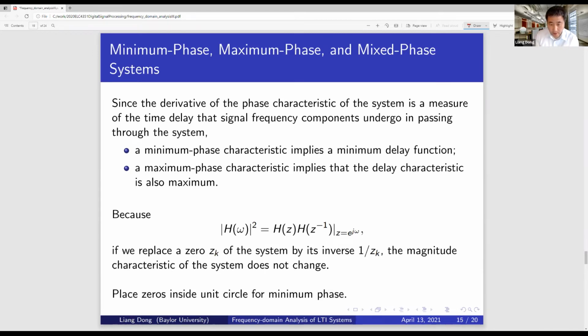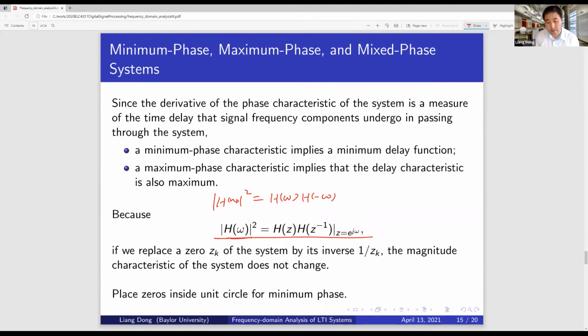Because we have that, now I always want you to remember that, right? This is the spectrum. We can write this as H(omega) times H(negative omega). In the z domain, it's equal to H(z) times H(z to the power -1) when z is evaluated on the unit circle.